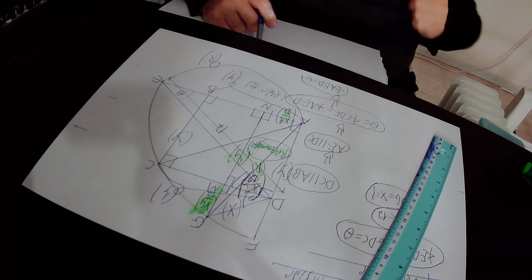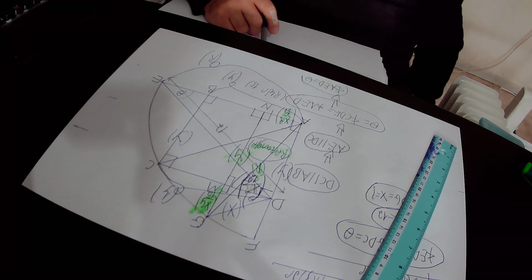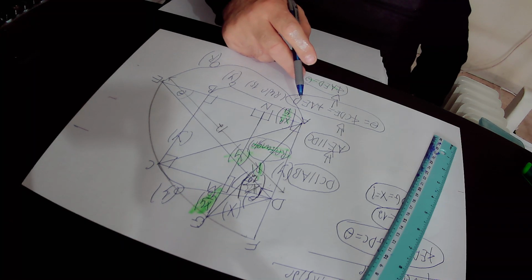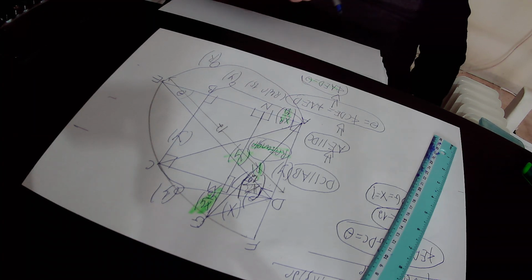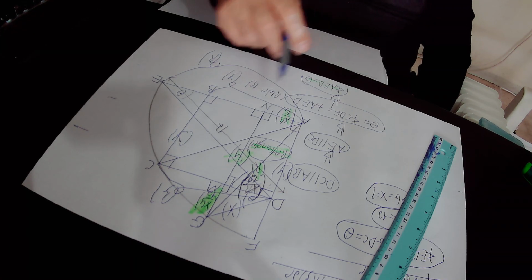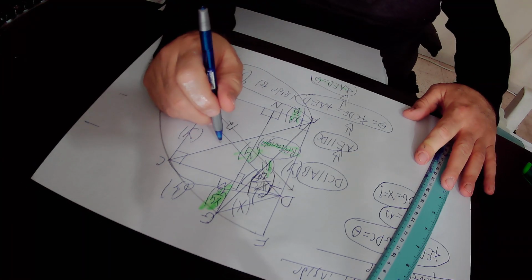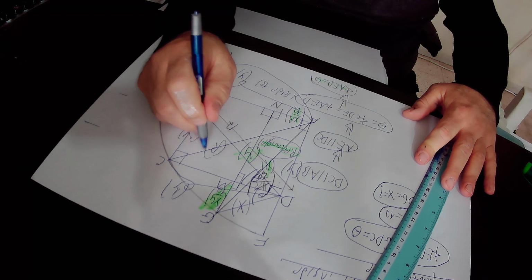What is the definition of line segment AC? It starts from point A, the center of the quarter circle, and ends at point C, a point on the quarter circle itself. This is exactly the definition of a radius. Therefore, AC is the radius of this quarter circle, which equals R according to our definition.